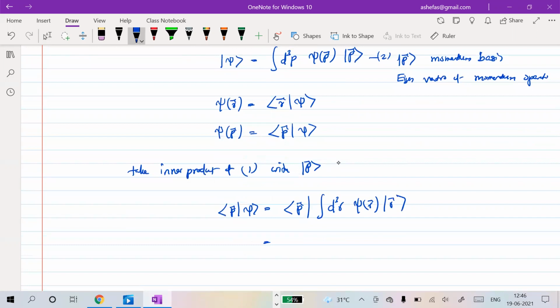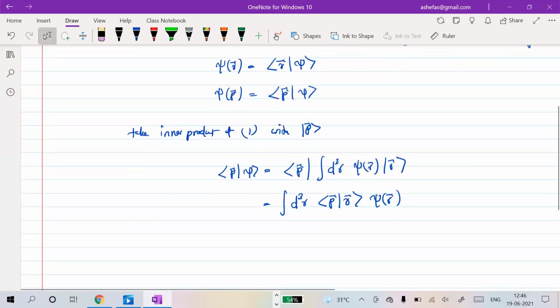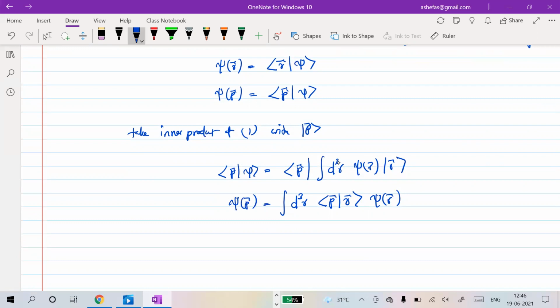This integration can be taken outside, so this becomes integral d cube r, the inner product p r times psi of r. And the left side is p psi, which is nothing but psi of p. So the wave function in the momentum basis can be connected with the wave function in the position basis according to this relation. This is equation number 3.